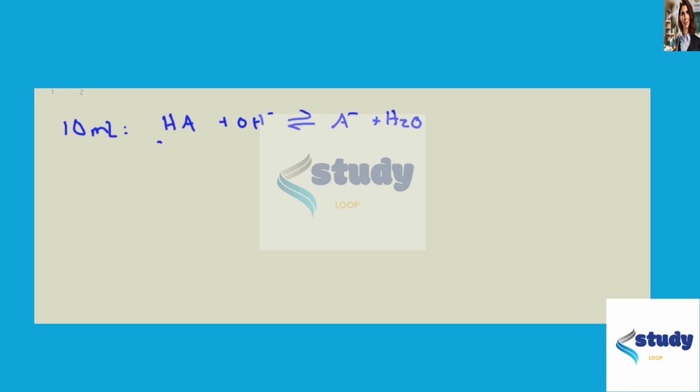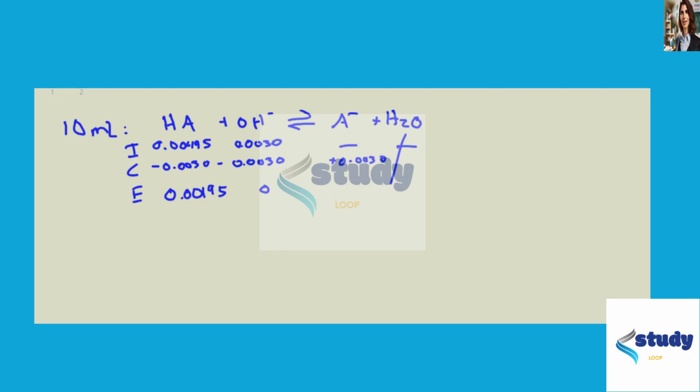So we initially have 0.00495. We're going to have this time double the base as from 5 milliliters. And we're going to have no initial A minus. We have change. We're going to subtract 0.0030. And our equilibrium will be 0.00195, 0, and 0.003.